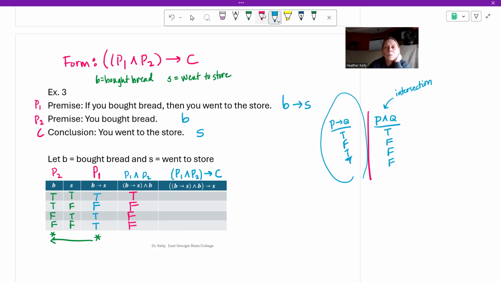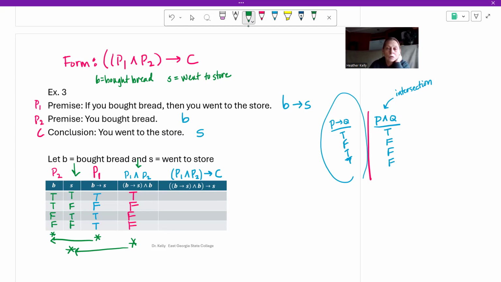Okay, now we're doing the conditional here. So let's get that final answer. We're going to do the conditional of this guy and our C, which is our S right here, this guy to S. So these are the two rows we're going to focus on here, this row and this row going that direction.